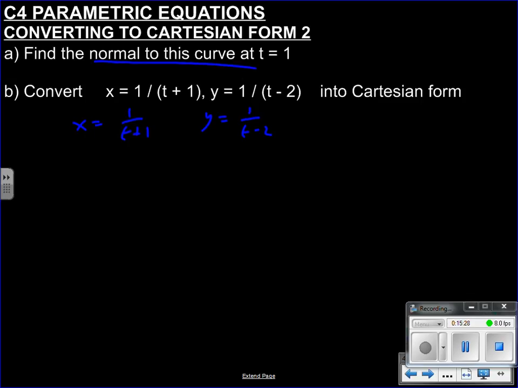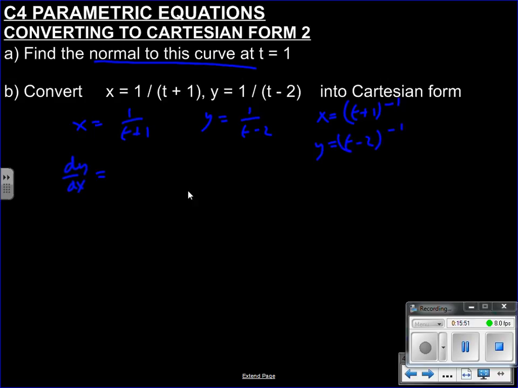We're going to find the normal at the curve at t equals 1, because I haven't been told yet to convert it. So, same again, dy by dx equals, well, first we're going to have to get this in a form we can differentiate. So this is t plus 1 to the minus 1, isn't it? And y is t minus 2 to the minus 1.